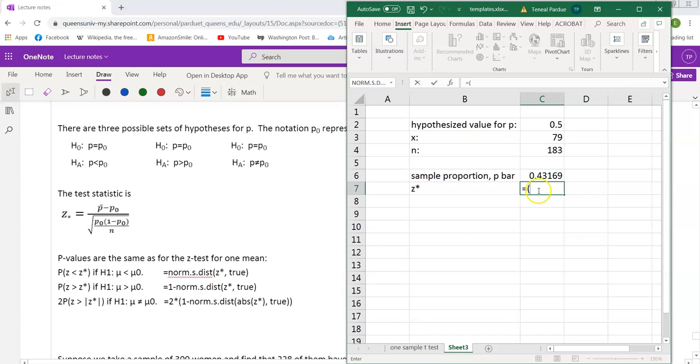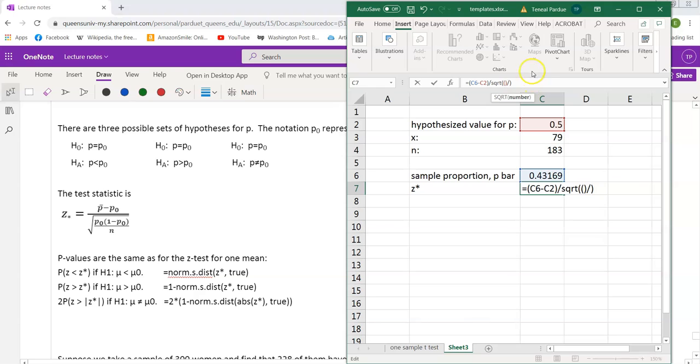So on the top, we're going to have P bar minus our hypothesized value. And on the bottom, we're going to have the square root of this whole term. Okay. And inside that, we're going to have a numerator and a denominator.